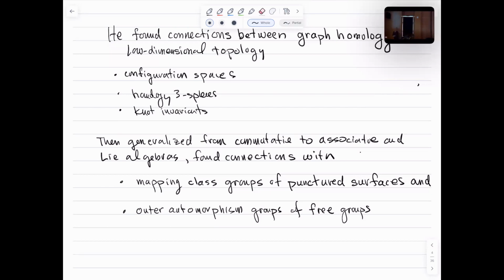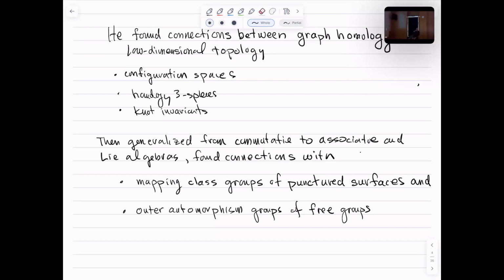Then in the second paper, actually already in the first paper, he generalized this whole picture of how these graph complexes are related to these deformation algebras, from commutative algebras, which he started with, to associative and Lie algebras. So he had this formalism about deformation quantization, and he generalized it.